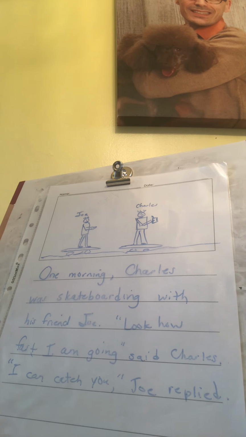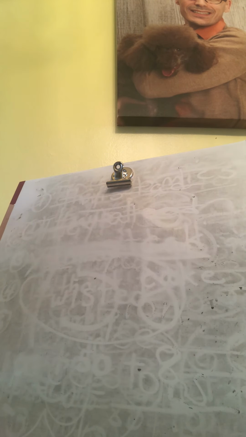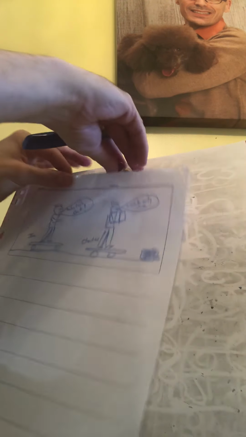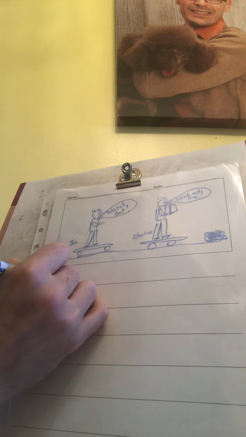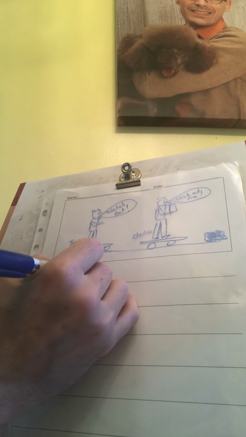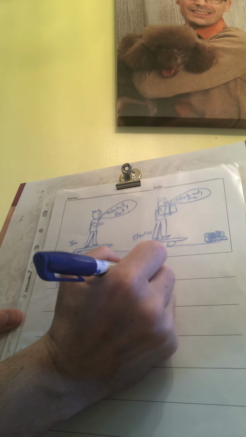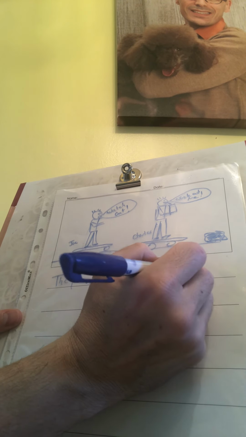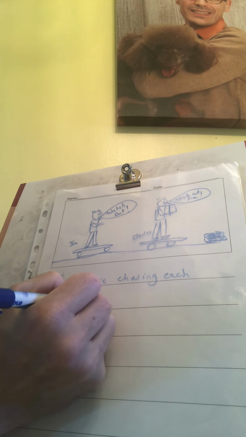So then on page 2, I'm going to take down page 1. And on page 2, I'm going to say, they were chasing each other. Chasing each other and showing off.